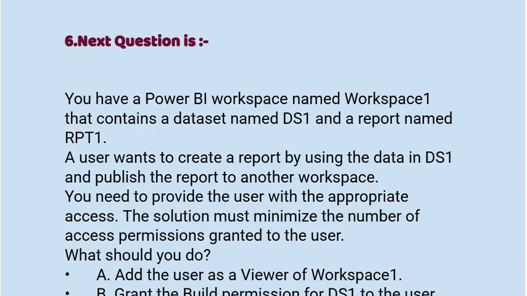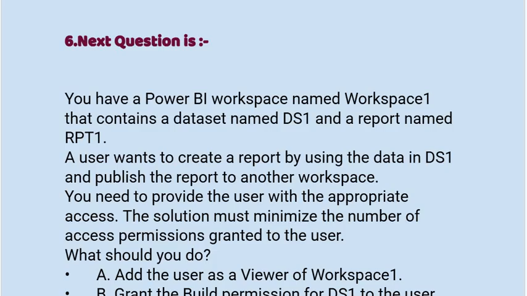Question is, you have a Power BI workspace named Workspace 1 that contains a dataset named DS1 and a report named RPT1. A user wants to create a report by using the data in DS1 and publish the report to another workspace. You need to provide the user with the appropriate access. The solution must minimize the number of access permissions granted to the user.